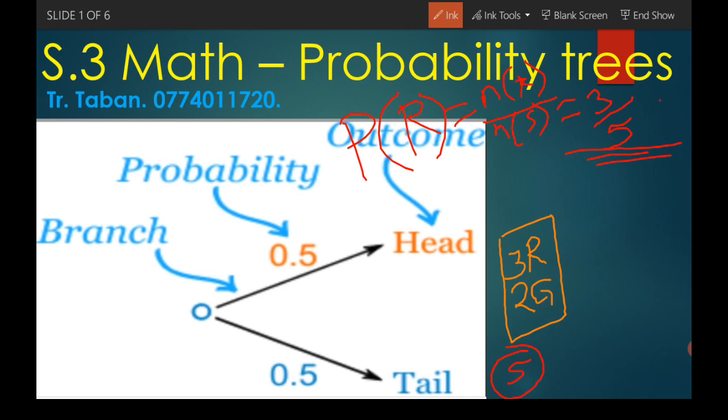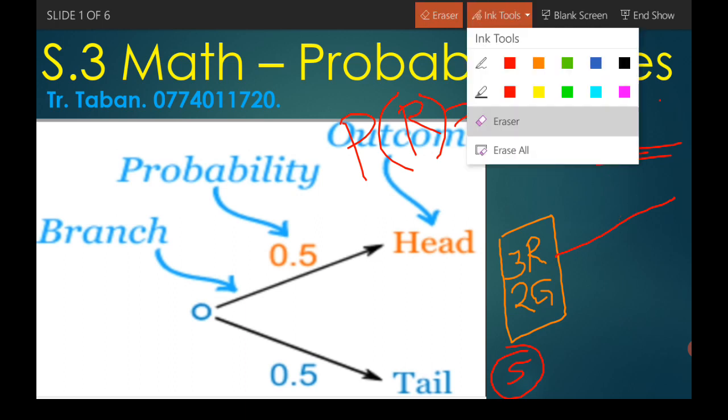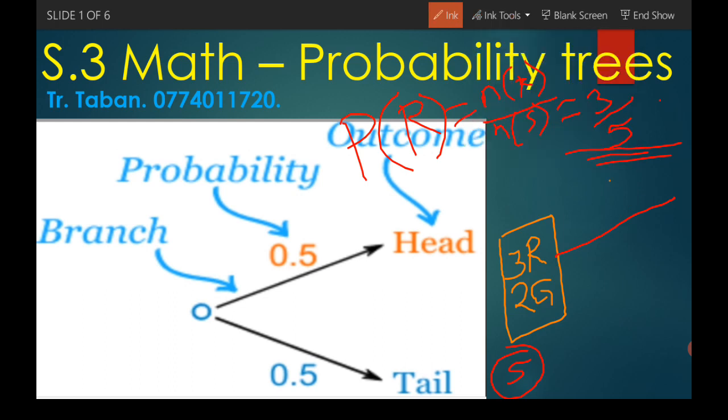So as a tree diagram, we can simply have this as 3 out of 5. This is the probability of picking a red mango or a ripe mango.